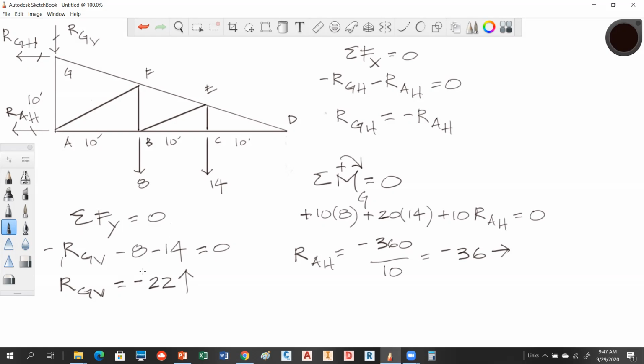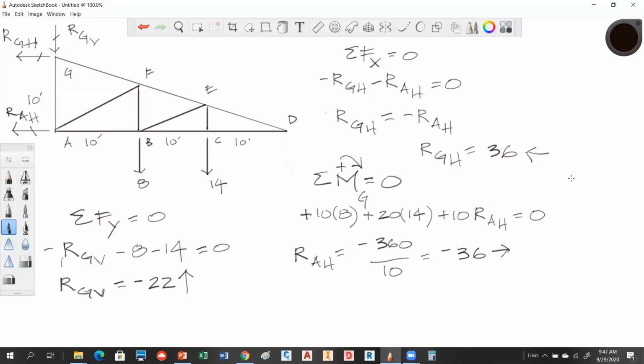That's what that's saying to you. So when we plug a negative 36 in here, that tells me that RGH is what? Positive 36, right? So that says to you what? That your initial assumption was correct. Okay, does that make sense?